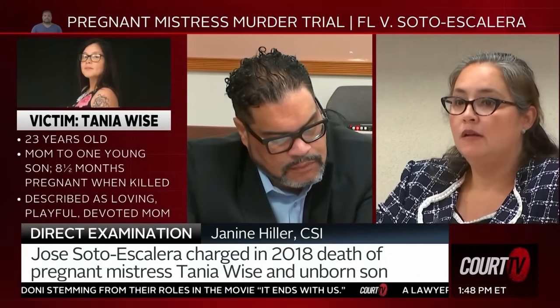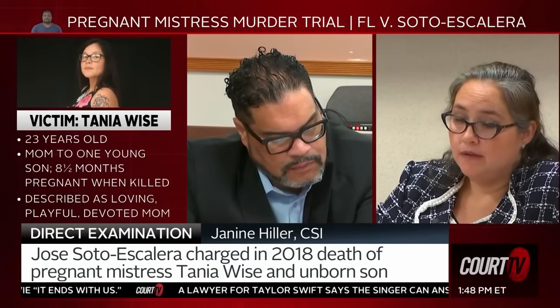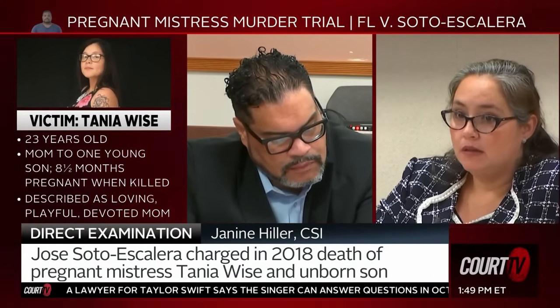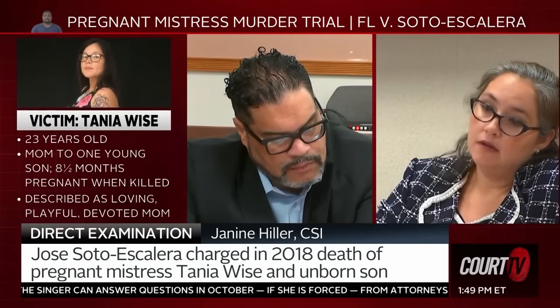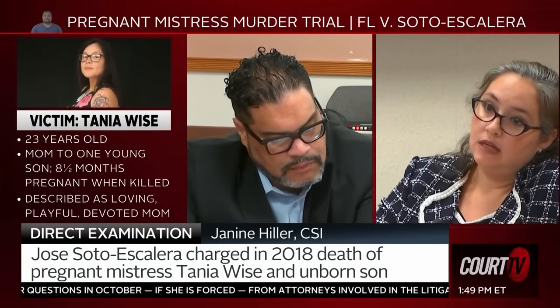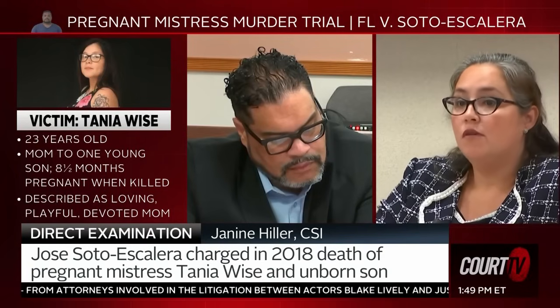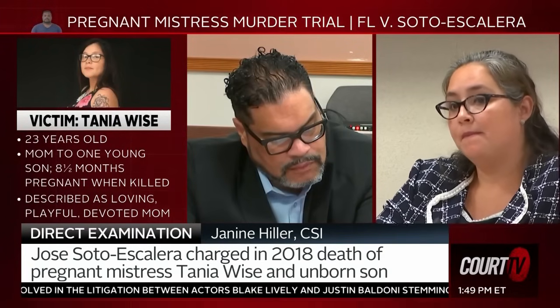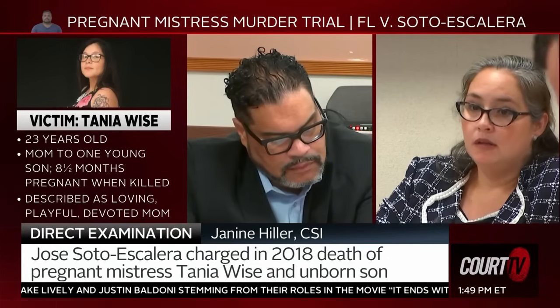Now we have State's Exhibit 48. What do we have here? This is a photograph depicting the victim on the southern side of the road. I am now in a different position. I'm standing on the road looking towards the south, taking just the overall picture to document the scene. State's Exhibit 49, same question.